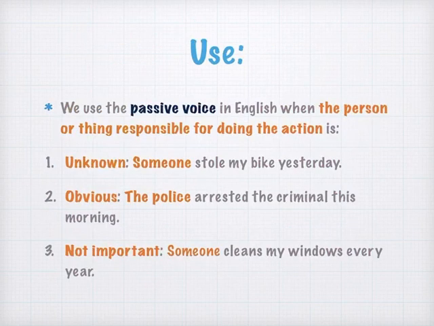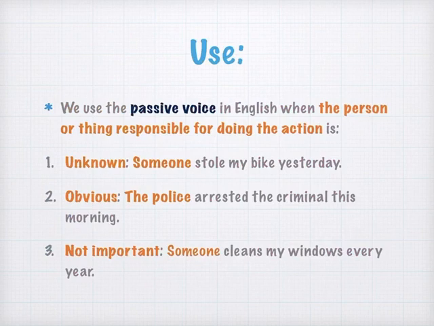Now, when do we use the passive voice? Well, we use the passive voice in English when the person or the thing responsible for doing the action, the agent, el autor, is unknown, desconocido. For example, someone stole my bike yesterday. Who? We don't know.